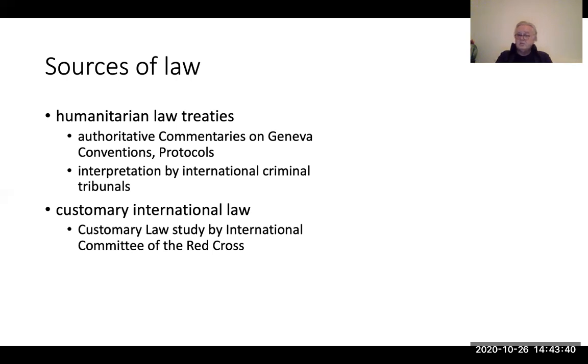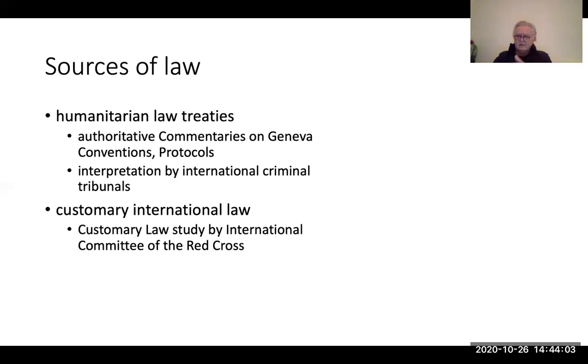And so the Red Cross said, well, why don't we see if we can demonstrate that most, if not all, of the rules in the protocols, and particularly with the second protocol, which deals with non-international armed conflict, why don't we see if we can demonstrate that those rules are customary international law? And so they prepared a study that was published in 2005 that goes through the rules.